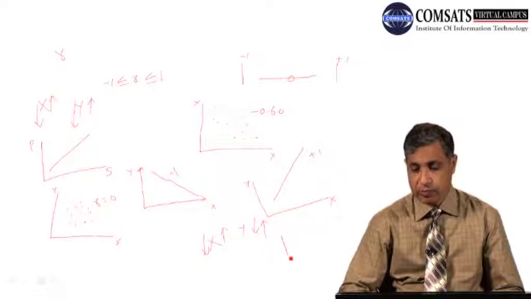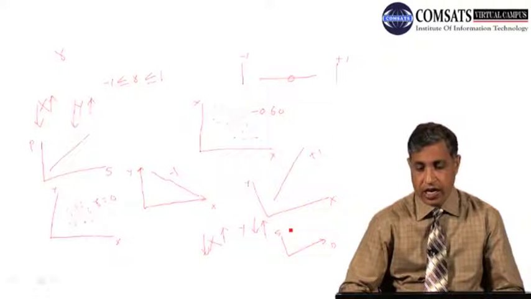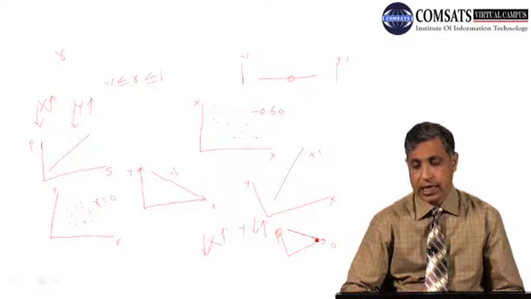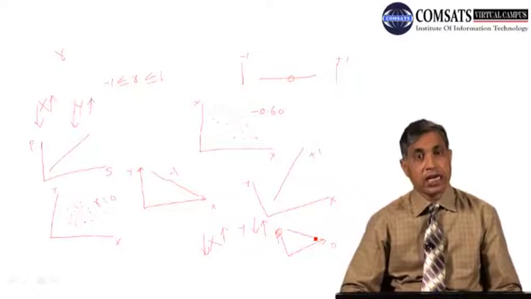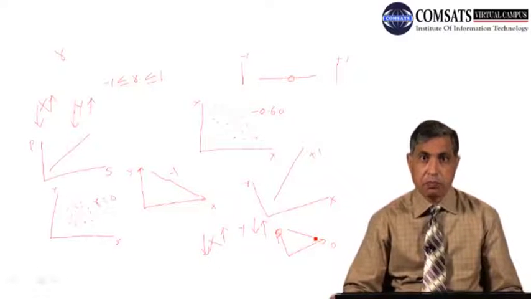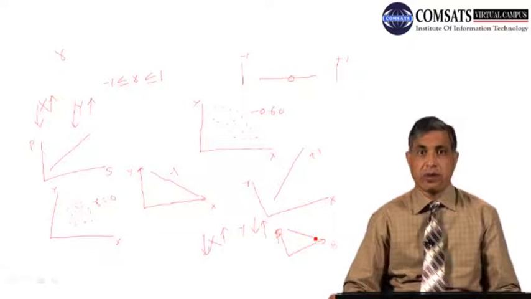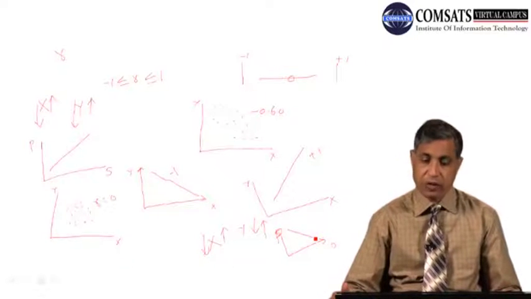From a practical example, we can say that this is demand and this is price, and there is a negative relationship between the demand and price, because as the price increases, people reduce their demand for purchasing those commodities.